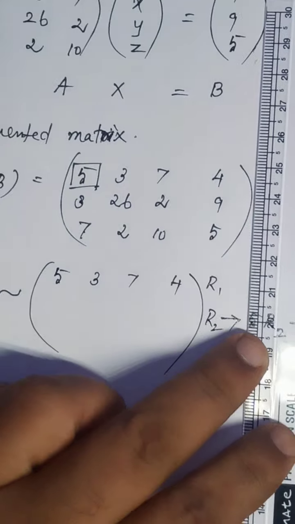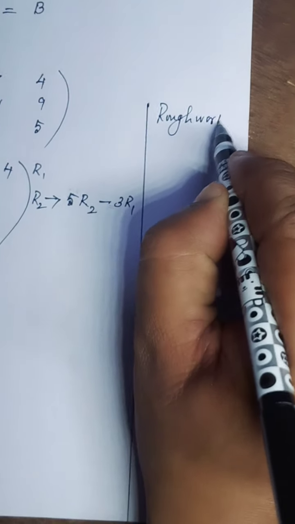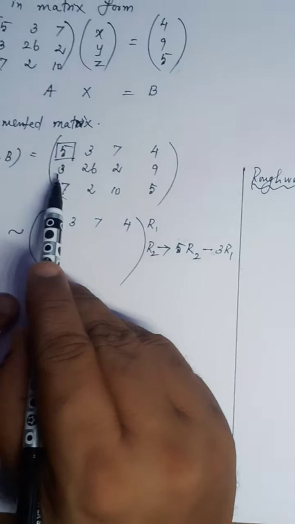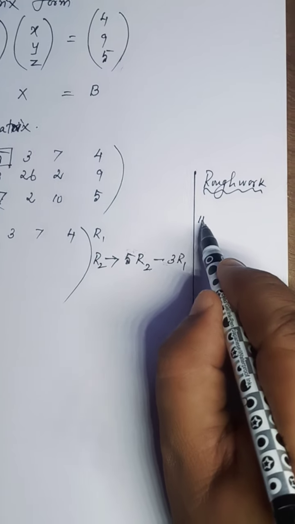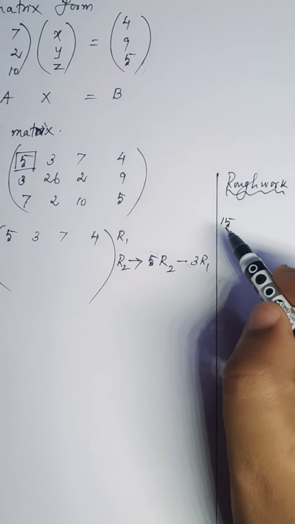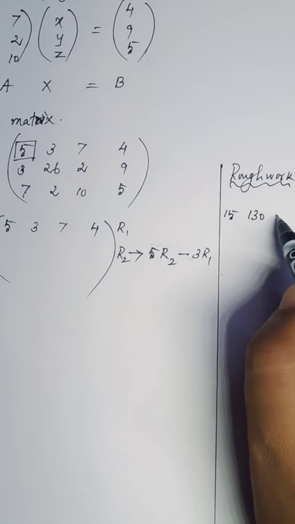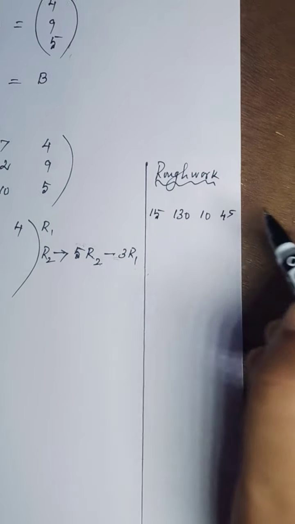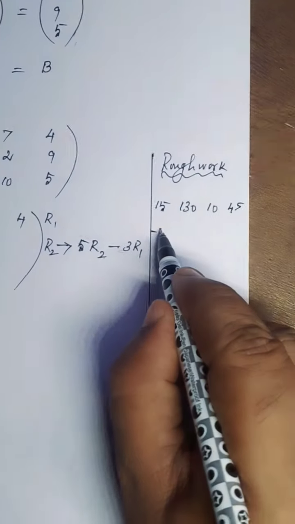I do it in rough work. 5 R2 means multiply the second row by 5. 5 3s are 15, 5 26s are 130, 5 2s are 10, 5 9s are 45. Multiply R1 by minus 3. Minus 3 into 5, minus 15.